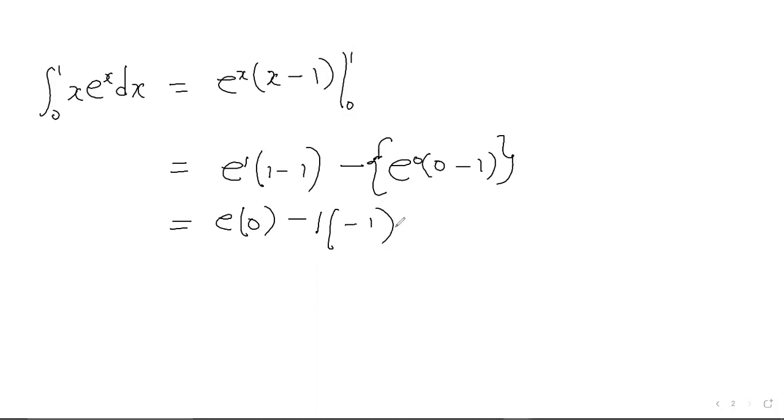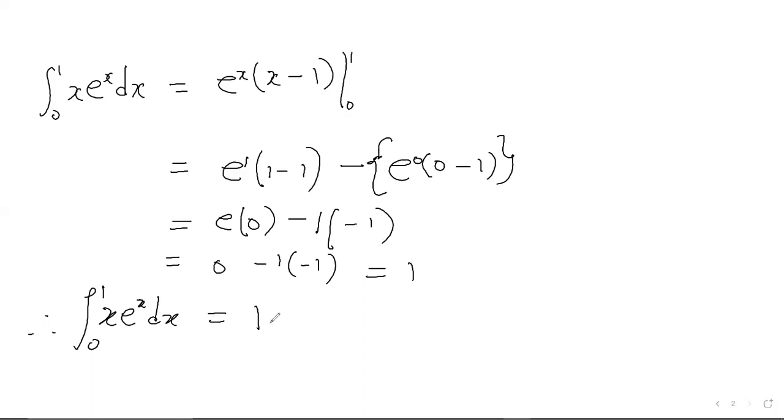So 0 times anything is 0. What is left is minus 1 into minus 1, and minus 1 times minus 1 is 1. Therefore, the integral from 0 to 1 of x e raised to the power of x dx equals 1.